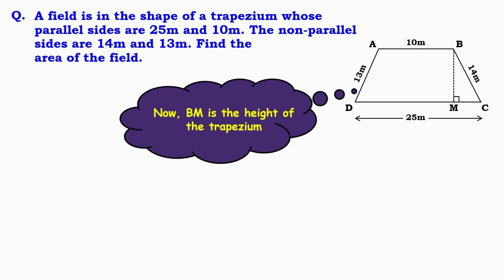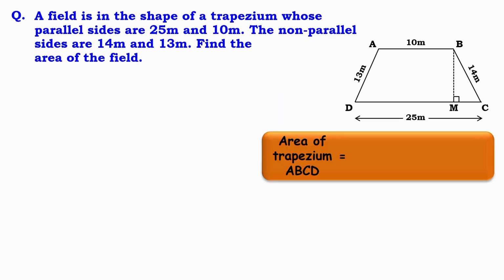So now BM is the height of the trapezium. So area of trapezium ABCD is equal to half into AB plus DC, where AB and DC are parallel, multiplied by BM. We know AB and DC, but we don't know the value of BM.